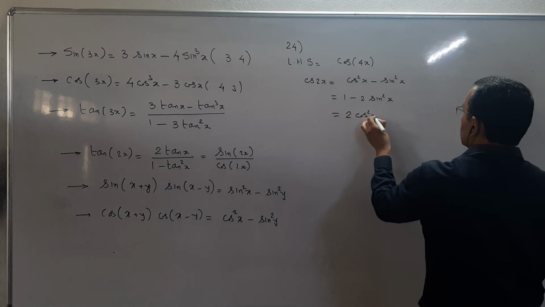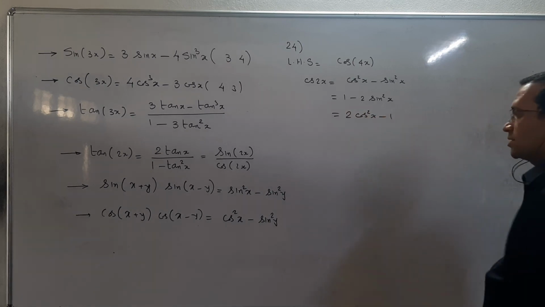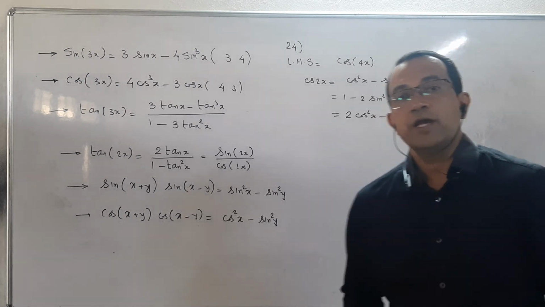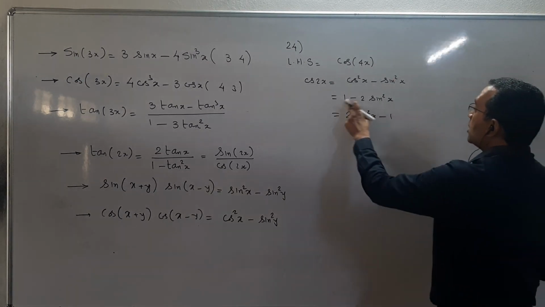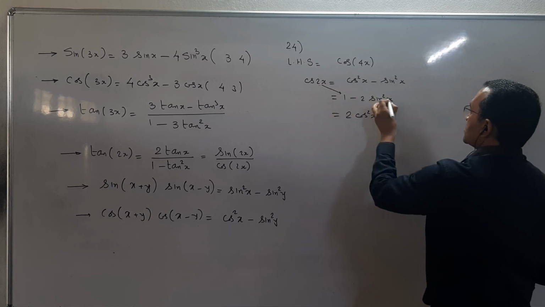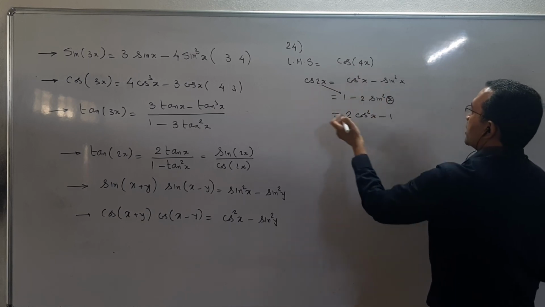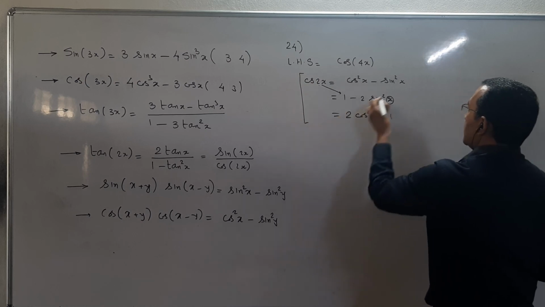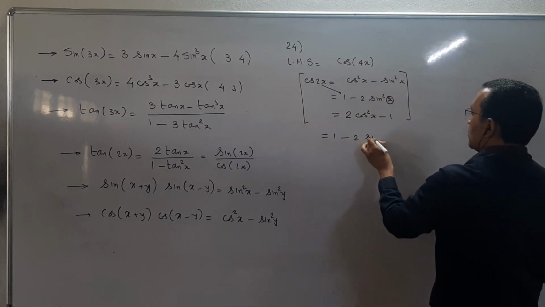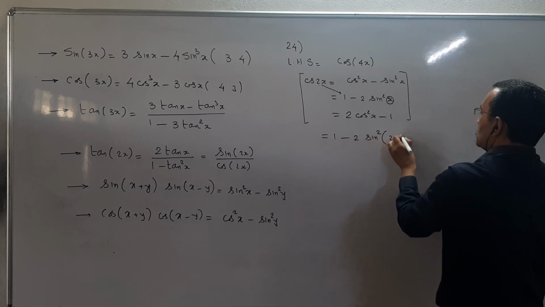And twice cos square x minus 1. Now, which formula should I apply? I want 1 minus, so I am going for this formula. If it is 2x, here it is x. If it is 4x, then students, I should write 1 minus twice sine squared 2x.